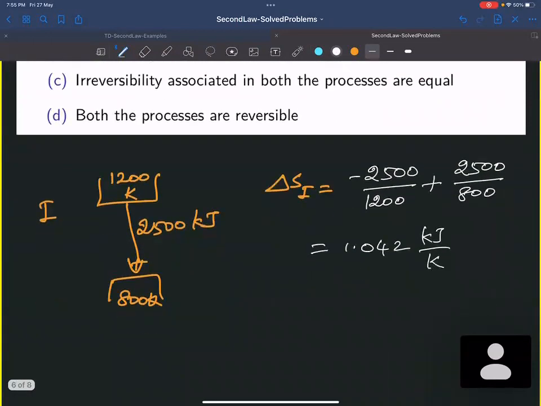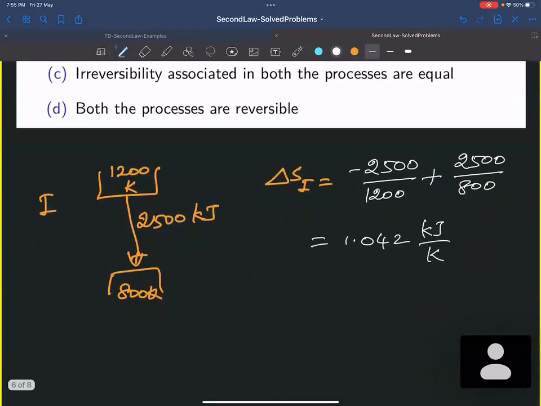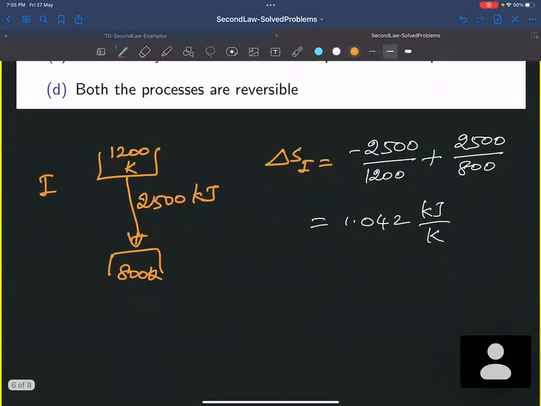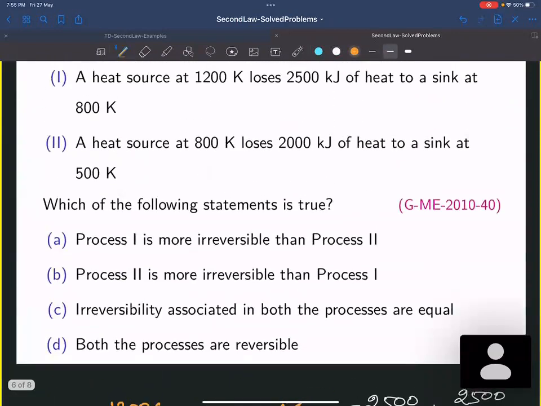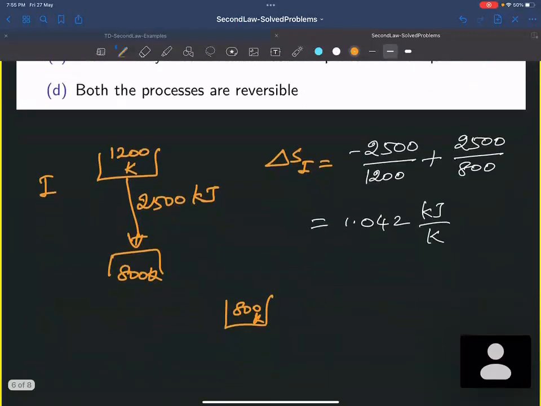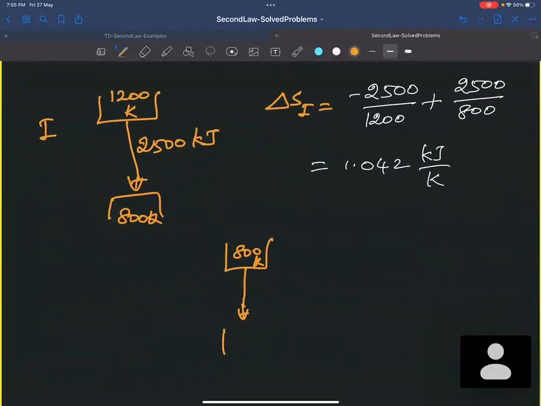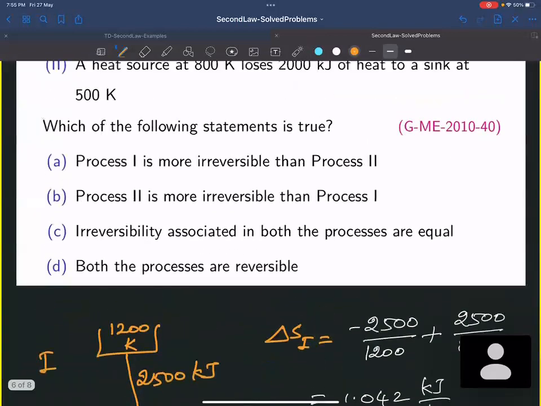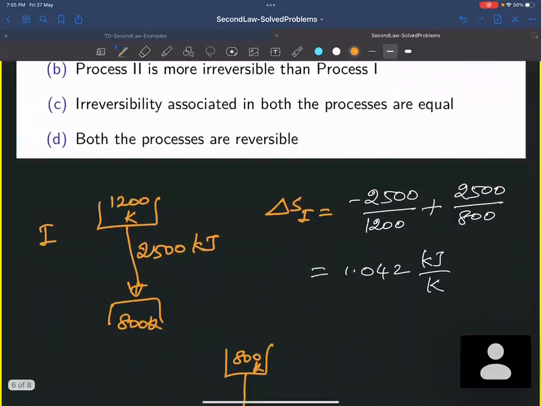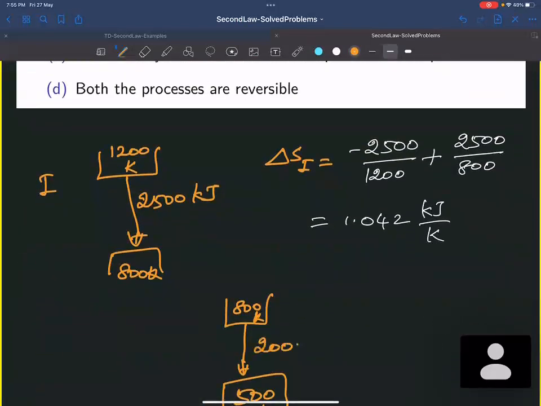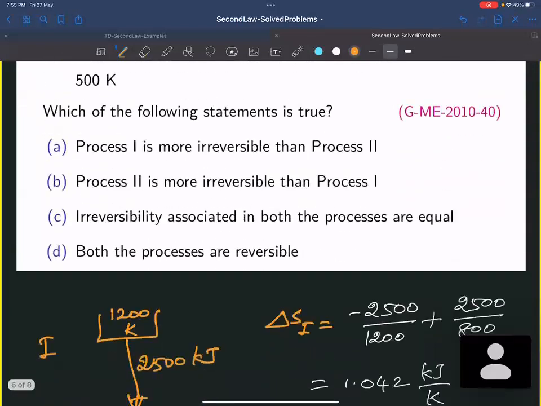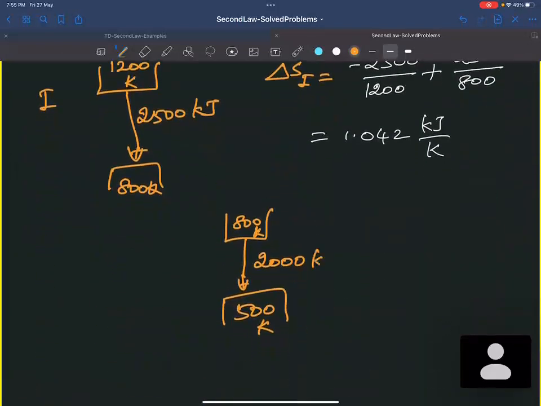And the same way we can also do it for the other one. We'll represent the schematic, which is 800 Kelvin losing heat to 500 Kelvin, by the amount of 2000 kilojoule. Okay, kilojoule, not worrying much.